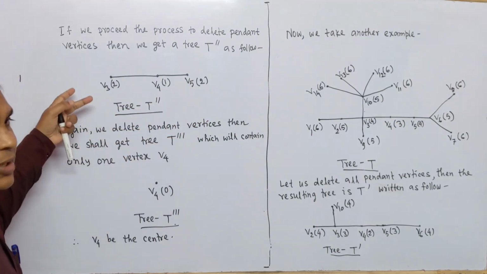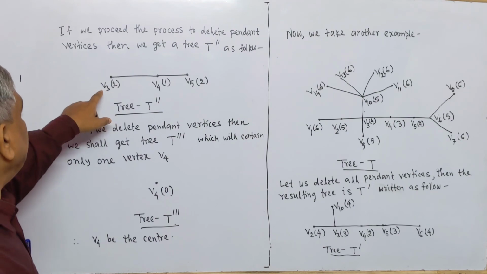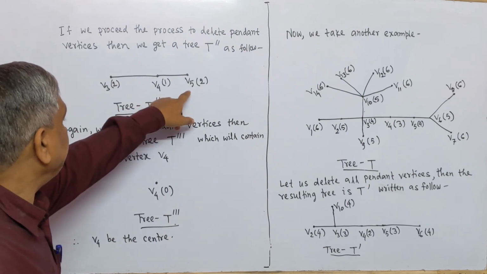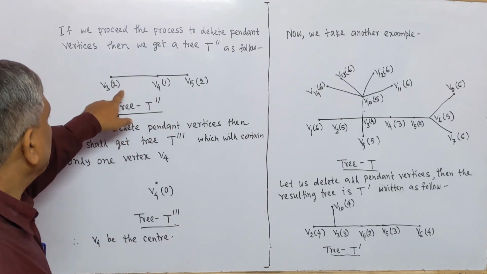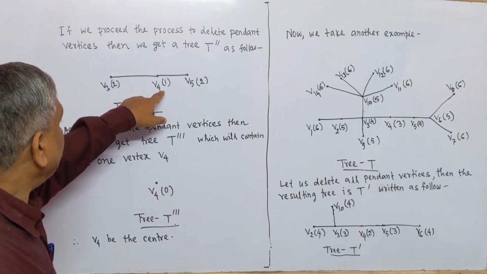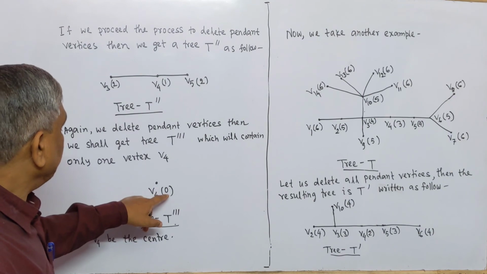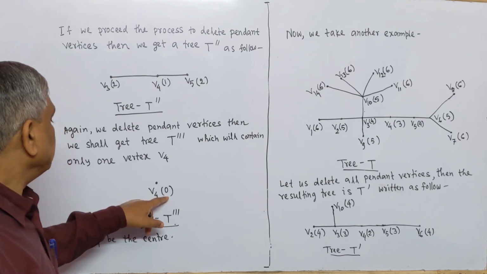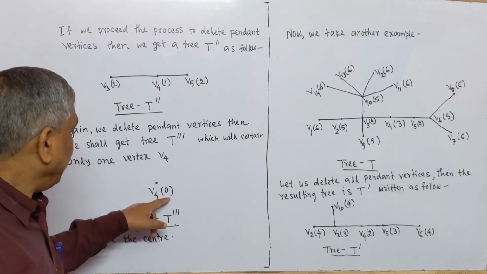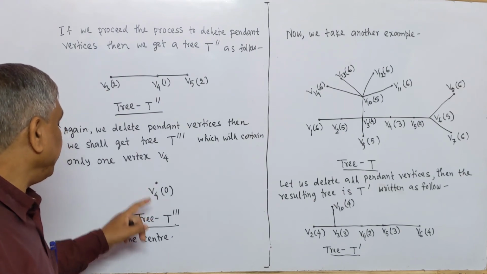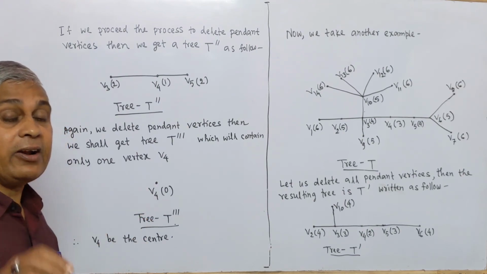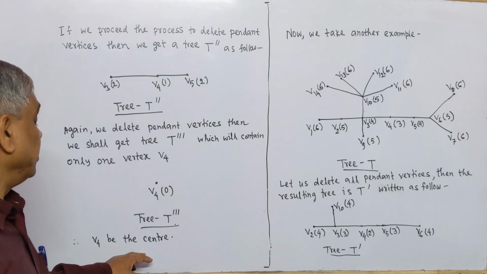Again we delete pendant vertices V3 and V5 and we get only one vertex V4. And with eccentricity 0, and this vertex V4 be the center of the tree.